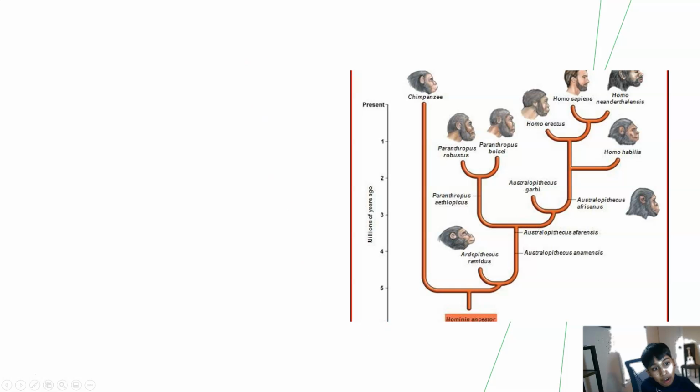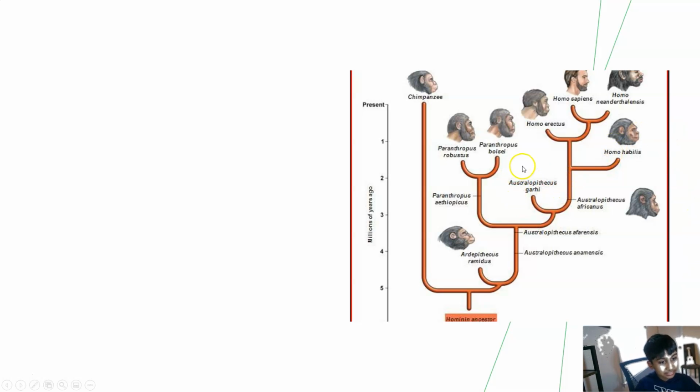But what happened is it all disconnected into a new family, if you see here, because this ended here, but Paranthropus robustus and Paranthropus boisei, those creatures started a new family which created the chimpanzee. So it's like having two families, and one is called the Homo sapiens tribe, and one is called the chimpanzee tribe. Imagine it like that.